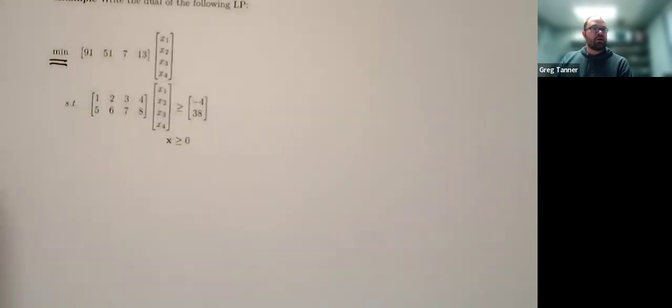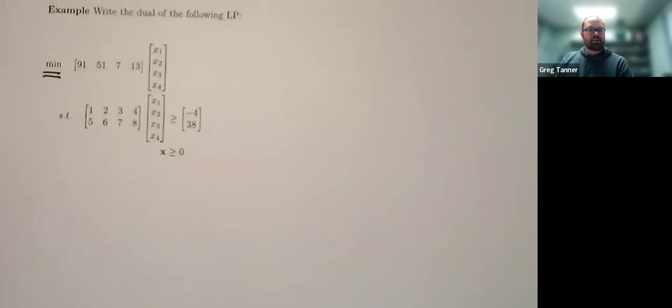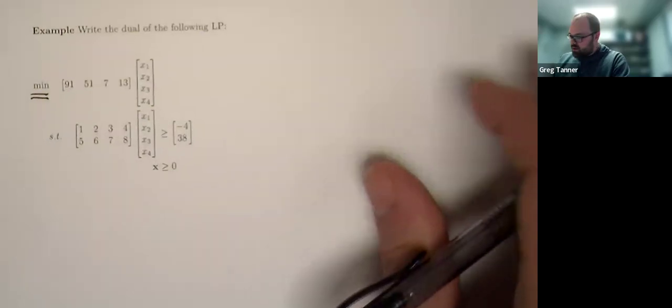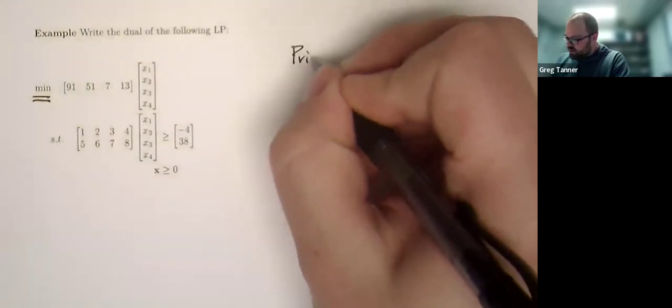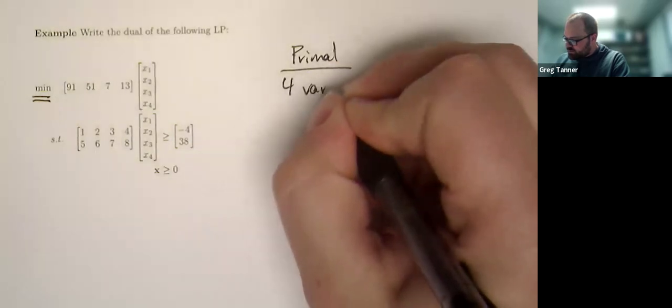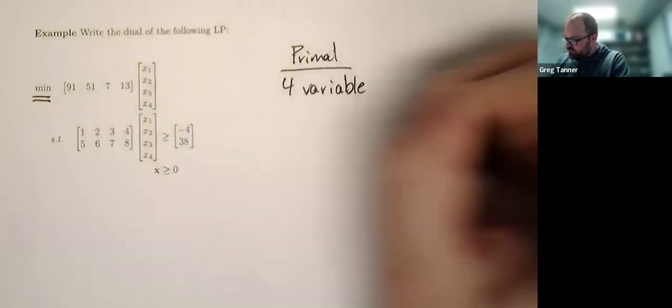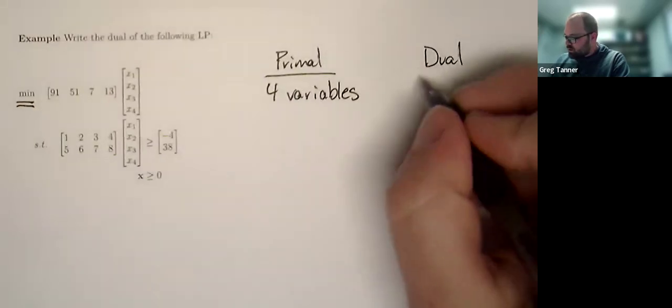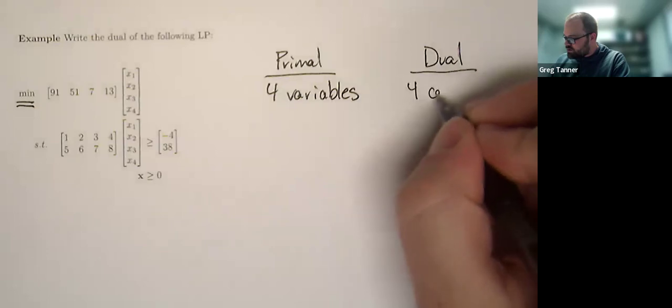Okay. And we've got 4 primal variables. And so maybe let me just make a note here. So primal, we've got 4 variables. Those 4 variables in the dual will correspond to 4 constraints.